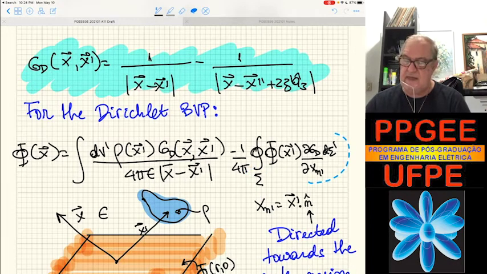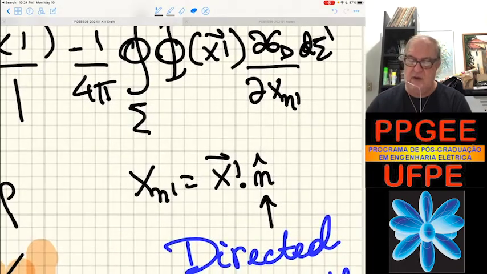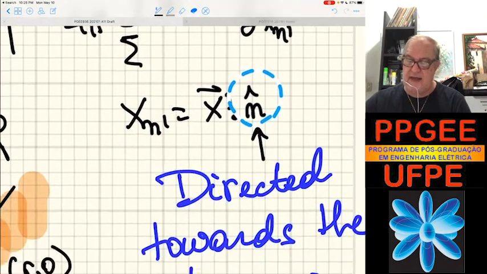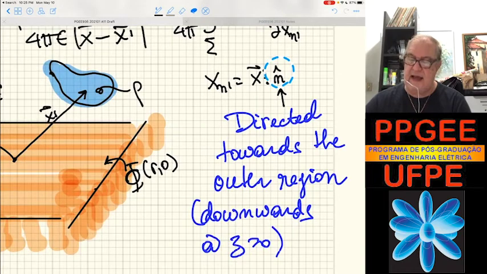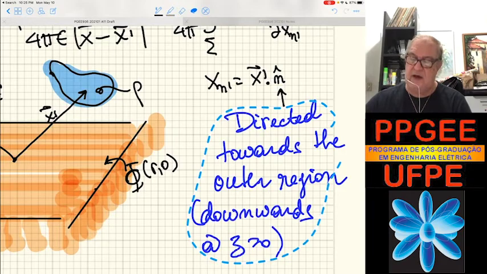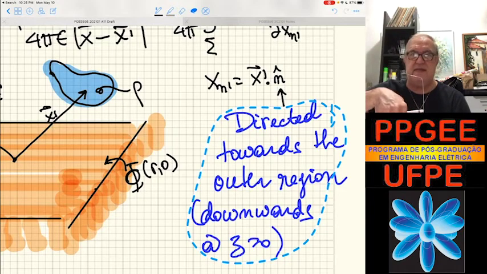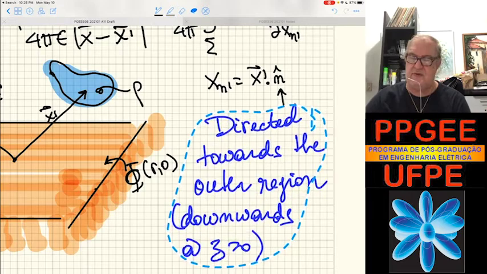All we have to do is calculate this normal derivative on the plane z equals 0. Notice that the normal coordinate is the projection of x prime along the normal direction, which is directed outwards from the region, so it's minus az. I'm going to show you how to do it.